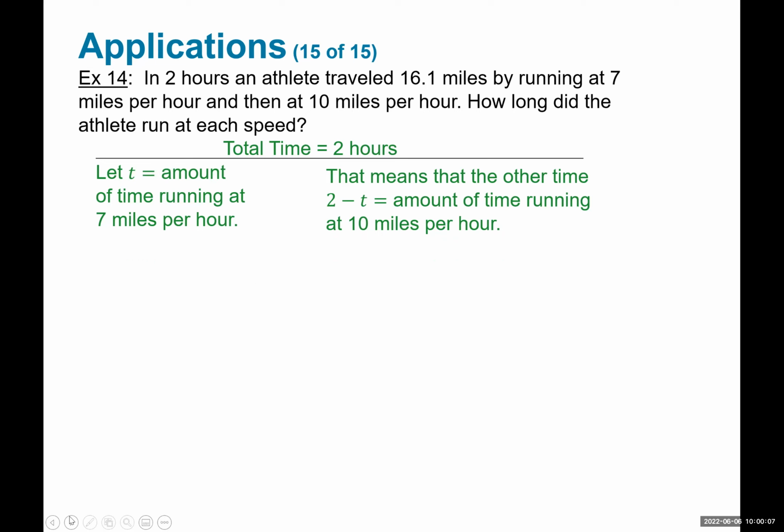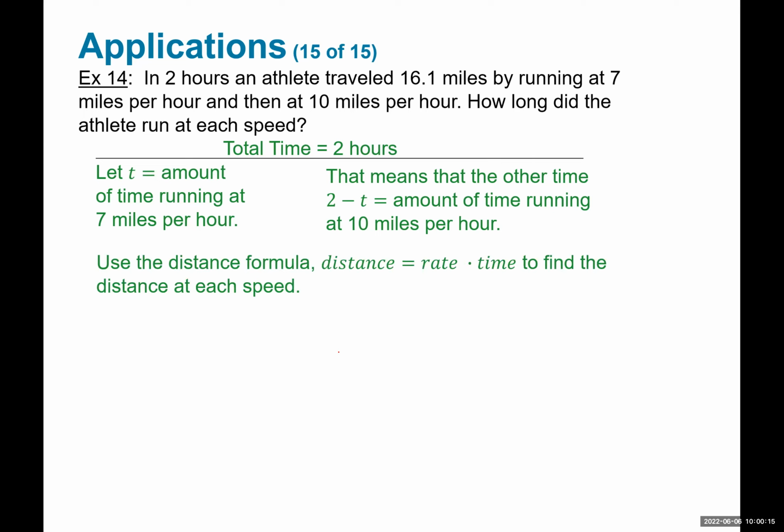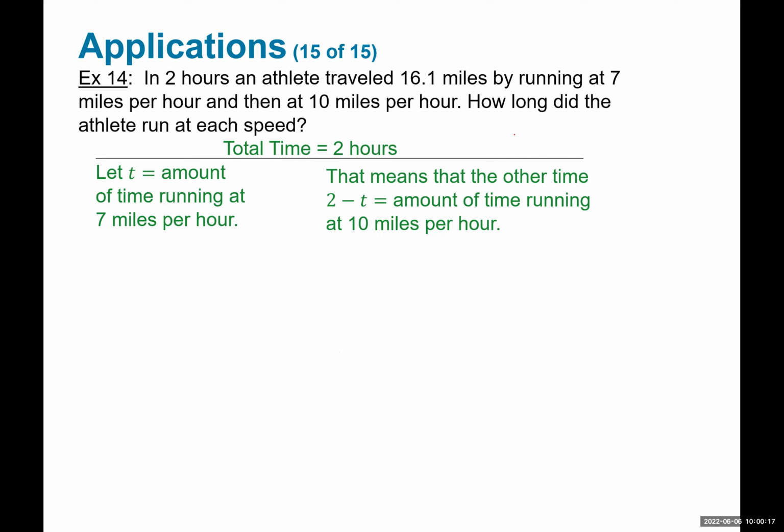So let's make this make sense real quick. If the person ran 2 hours total, for some time, we don't know, they ran 7 miles per hour. How do you say the rest of the time?